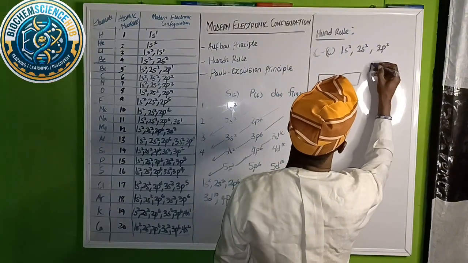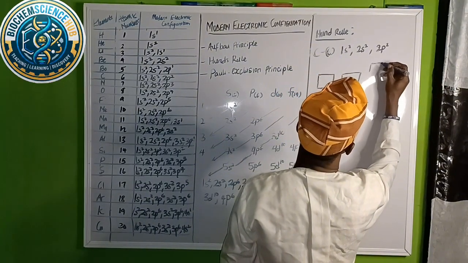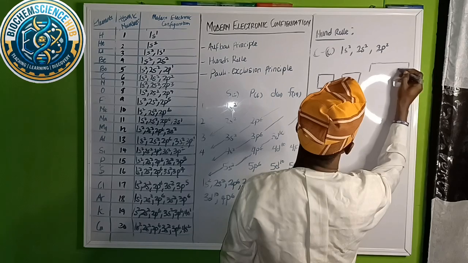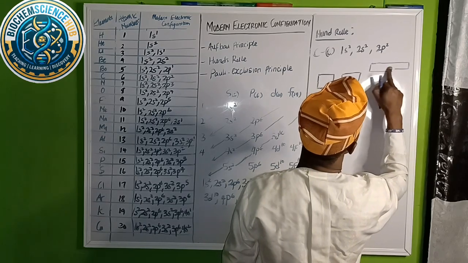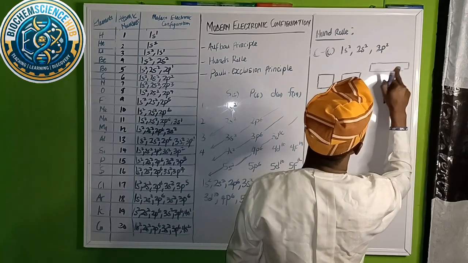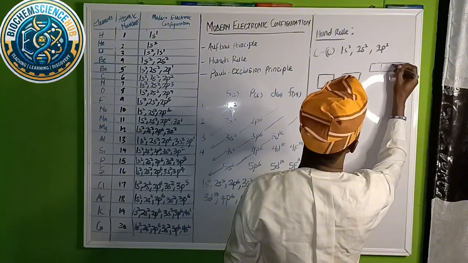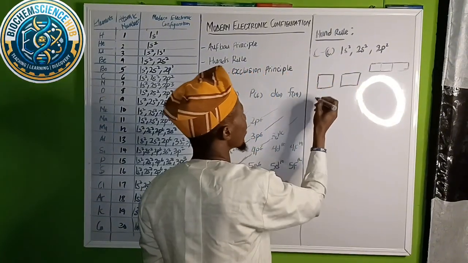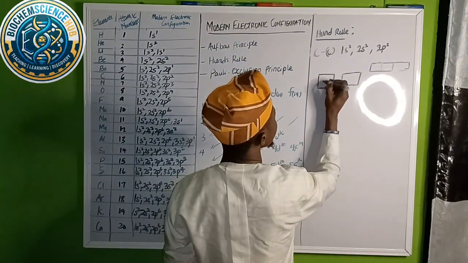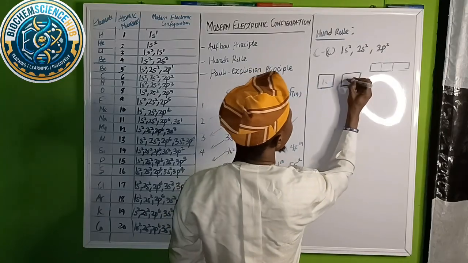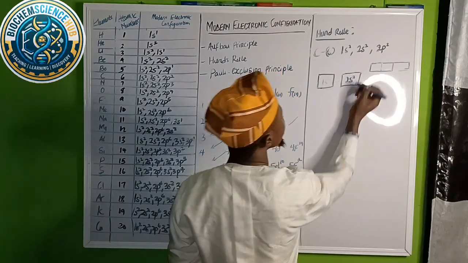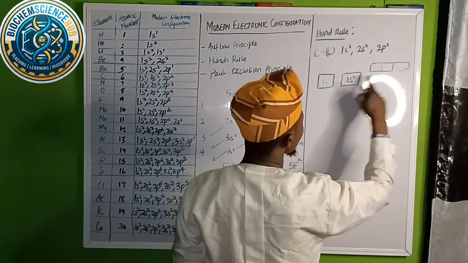And 2p. Don't forget, this is your 1s2, while this is 2s2, right? This is 2p2.